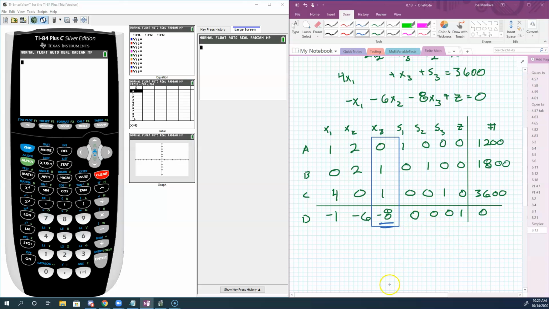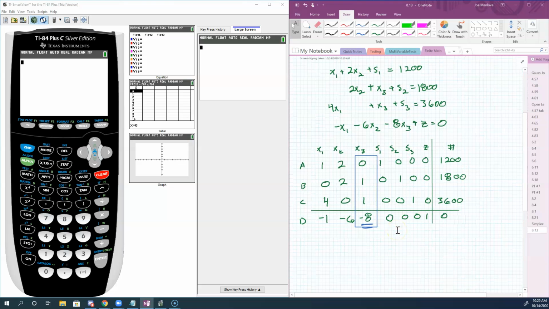Now I need to find my most constraining constraint, which I do by what? Dividing what's in the column to the numbers that are across from it. Okay, so I need to do 1200 over 0 and 1800 over 1 and 3600 over 1.